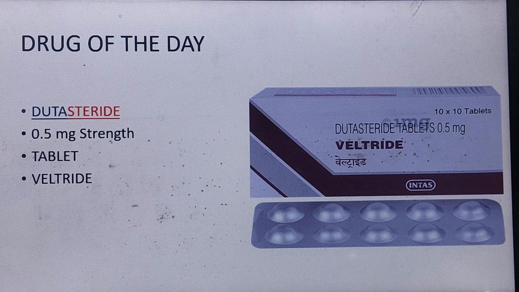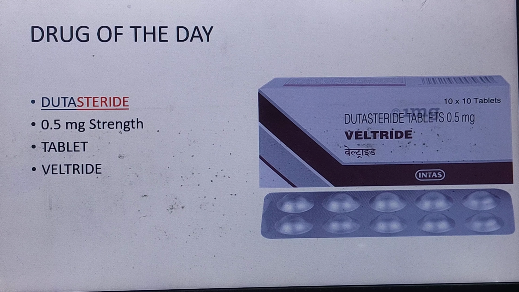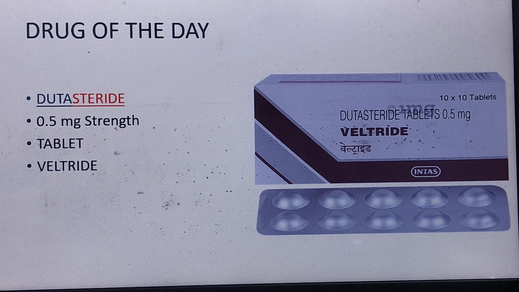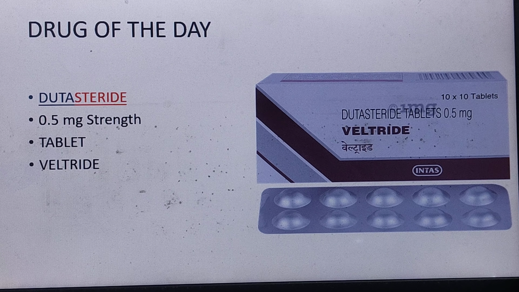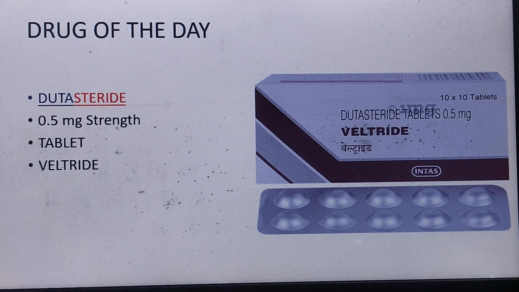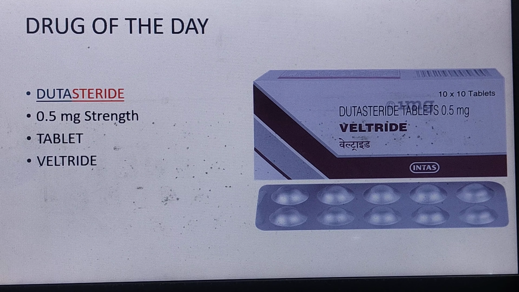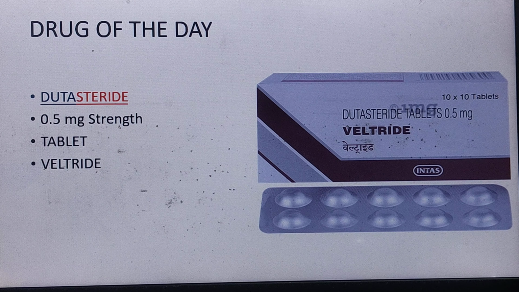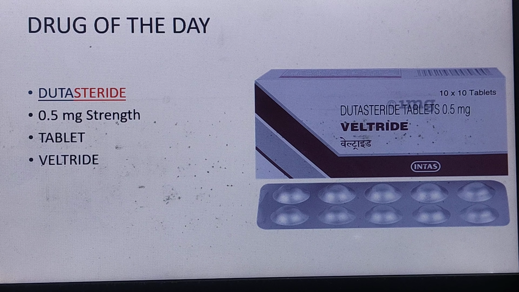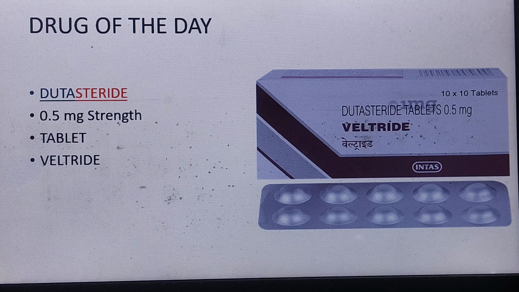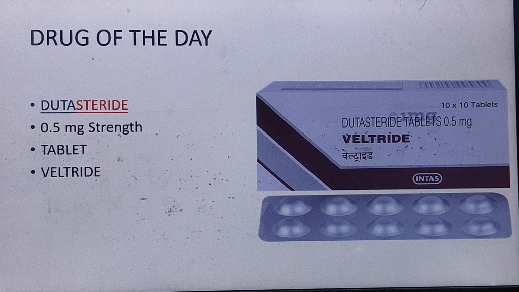So this is the strip of the dutasteride tablets. On each strip we get all the details of that tablet. So this strip shows that it is a tablet of dutasteride with strength of 0.5 mg, and the brand name of this tablet is Veltride.